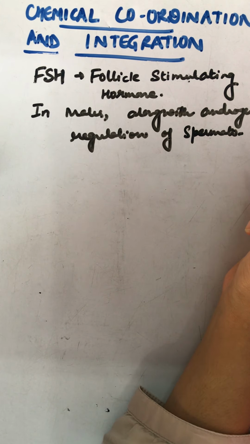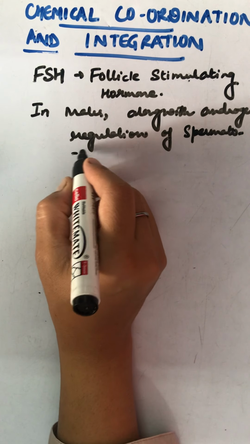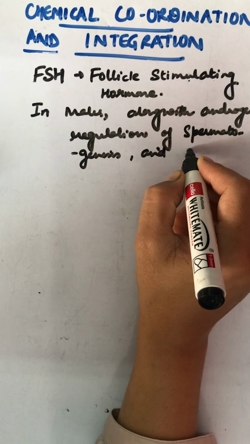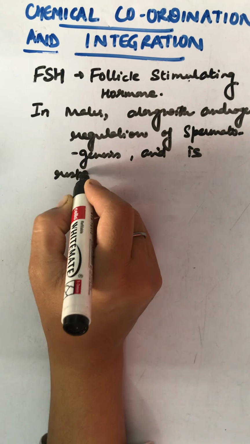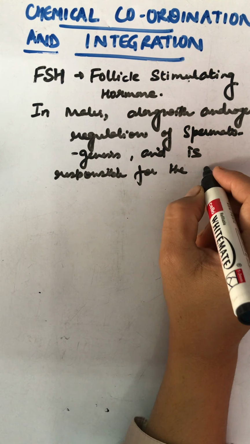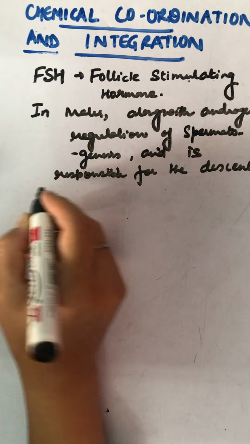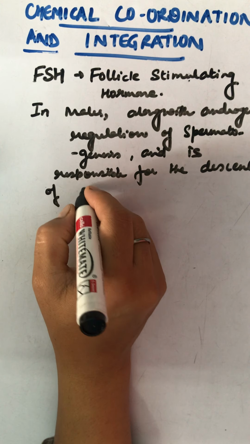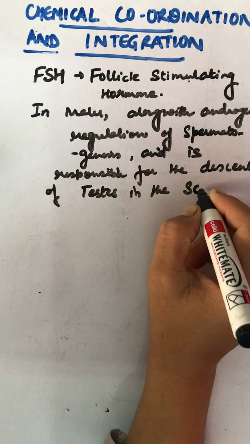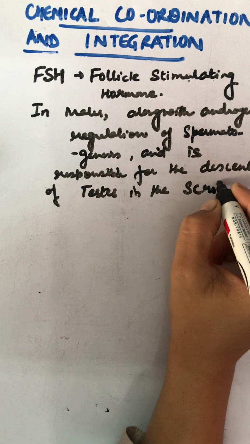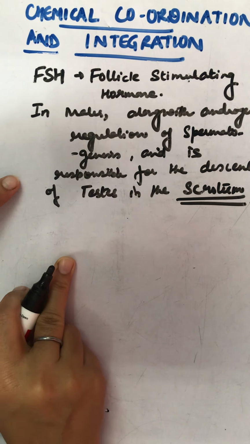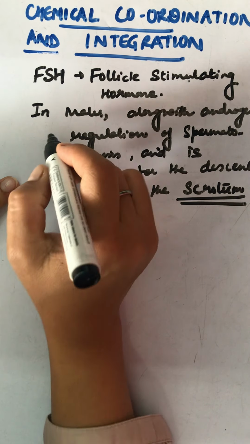Spermatogenesis is the process of formation of sperms and is responsible for the descent of testis in the scrotum, where the formation of sperms takes place. So FSH is required. Fine.